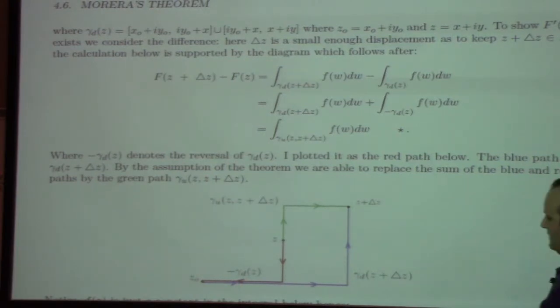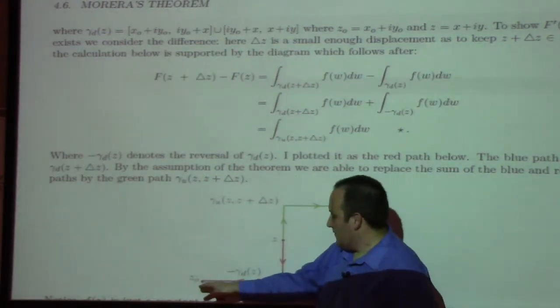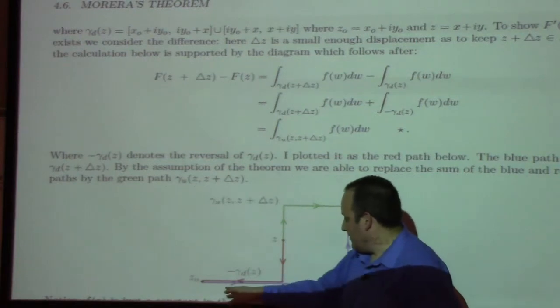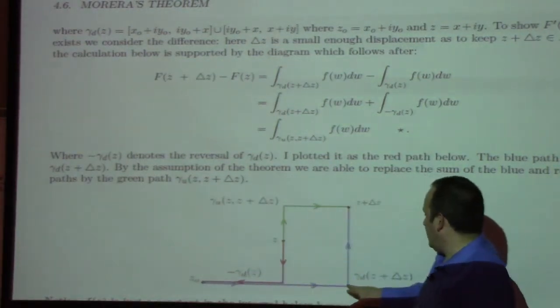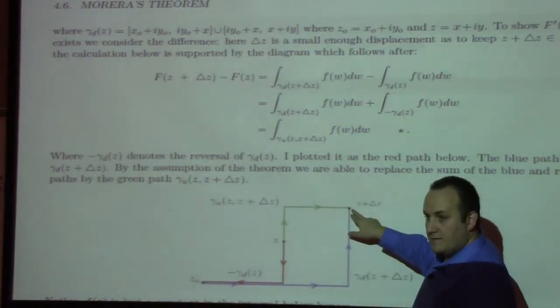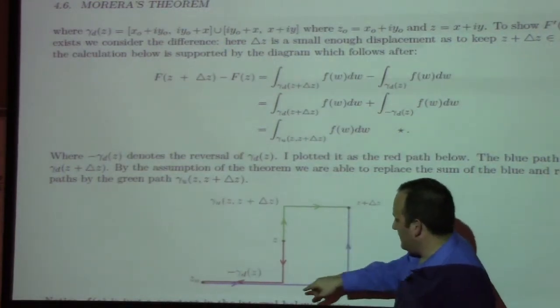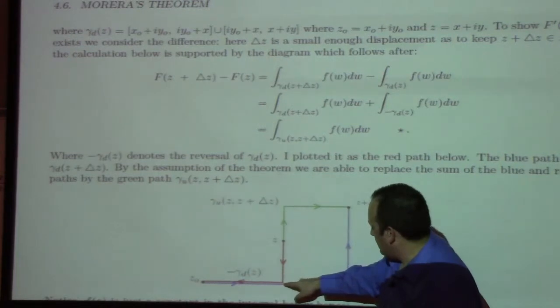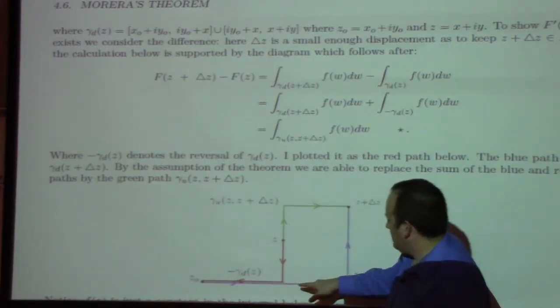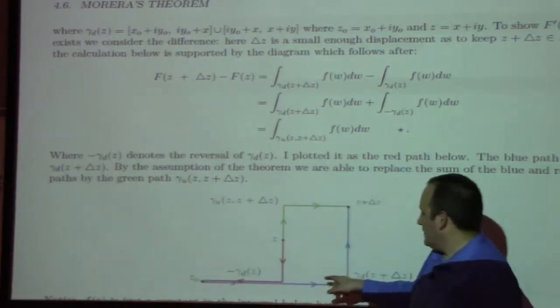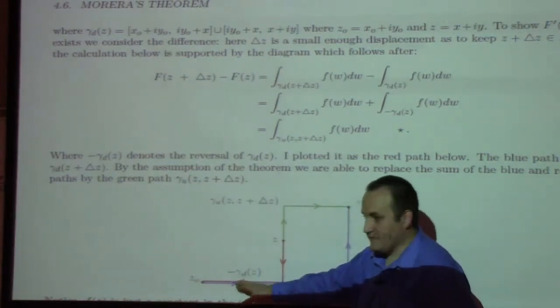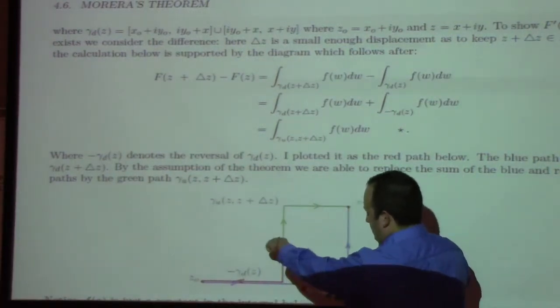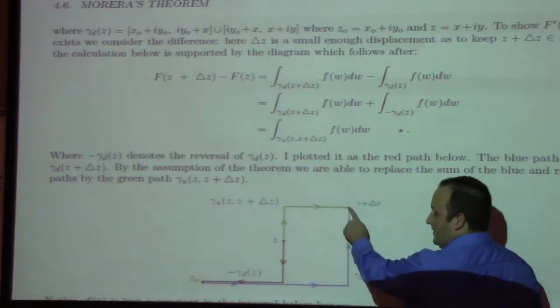So if you look at this, if I go this way, then all the way up here like that, and then I also have like this, and down here like that, these paths down here cancel, right? So the red plus the blue is giving you this part of the rectangle.